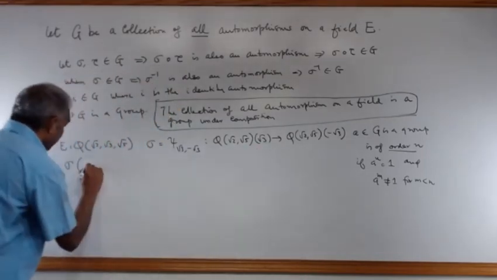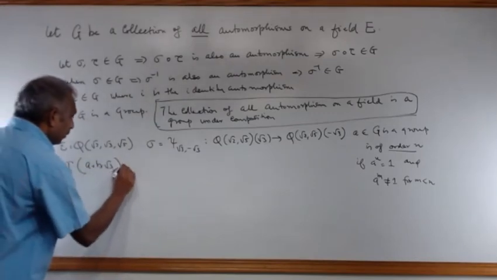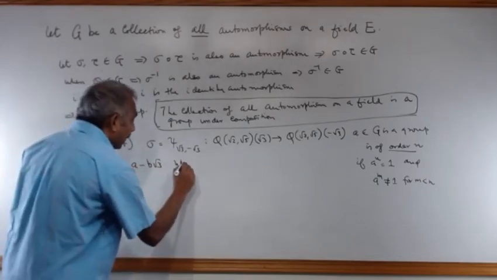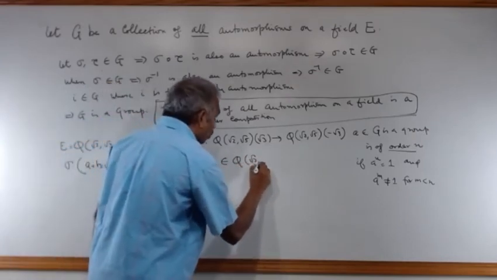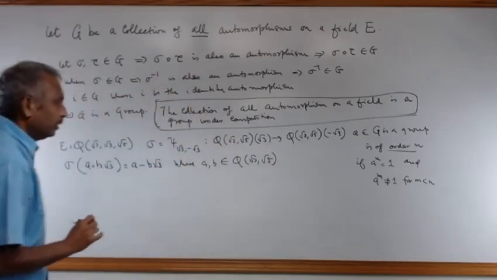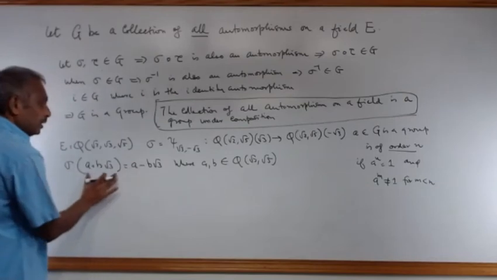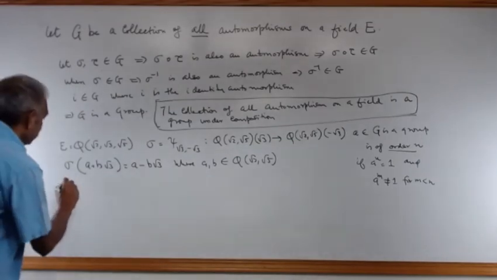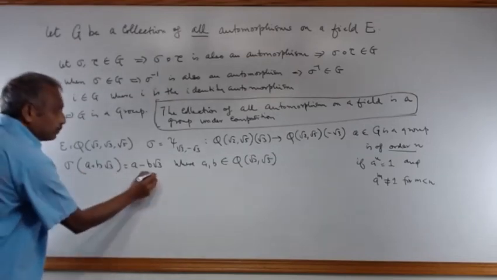I'm going to write it like this: sigma of a plus b root 3 is equal to a minus b root 3, where a, b belong to Q of root 2, root 5 instead of Q. So this again, when you expand it, you'll have the whole seven elements here.